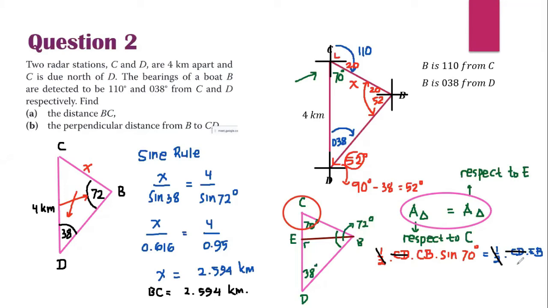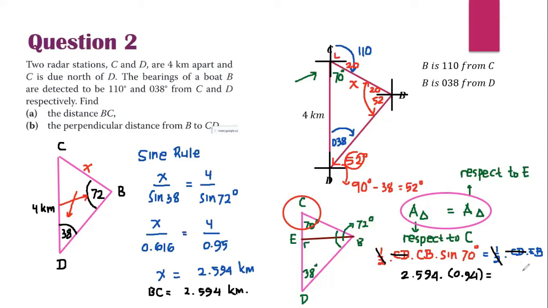CB is 2.594 times sine 70 degrees by using calculator, 0.94, right?